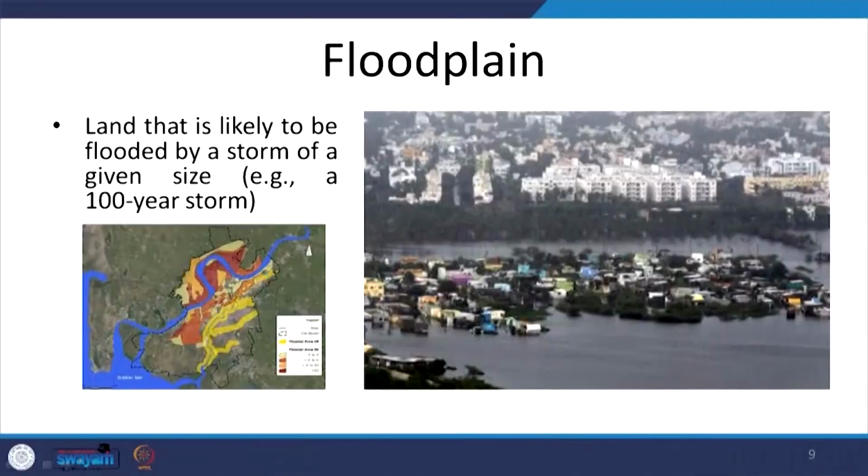This particular image is for the city of Surat, and when they mapped the last 100-year flood line, they found that a lot of the areas which were developed were actually floodplain areas, and that is what was causing the problem.